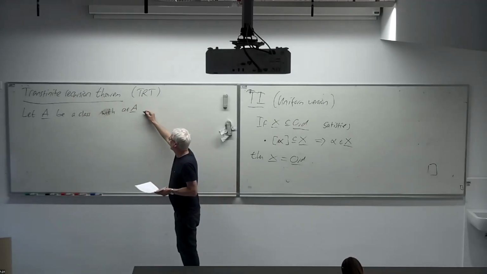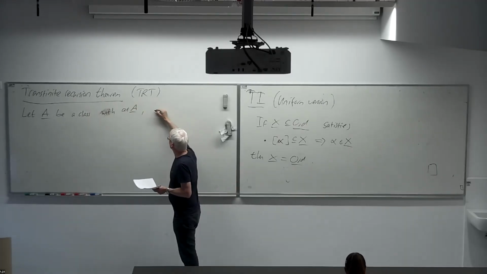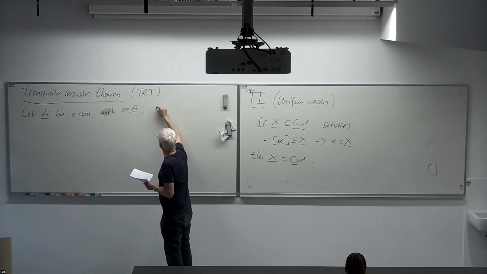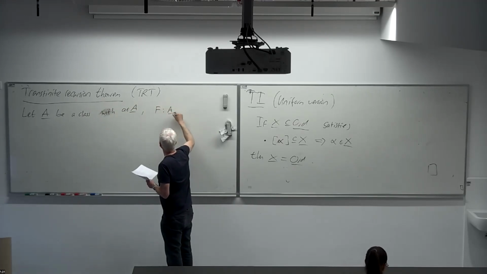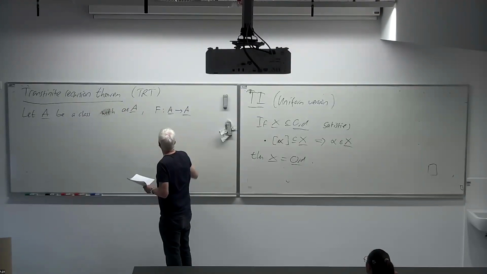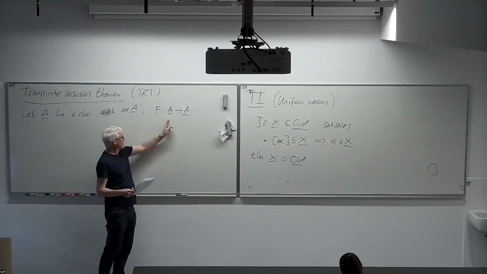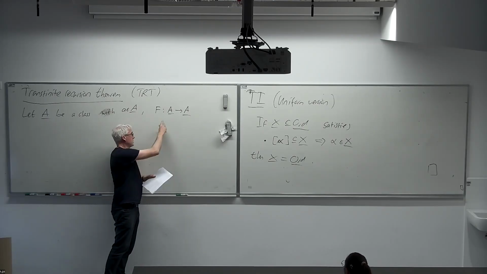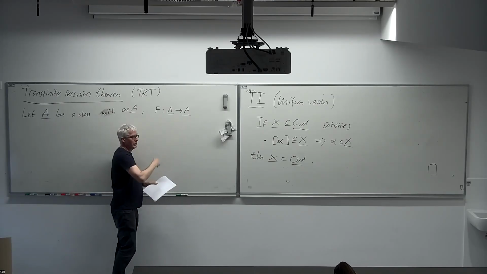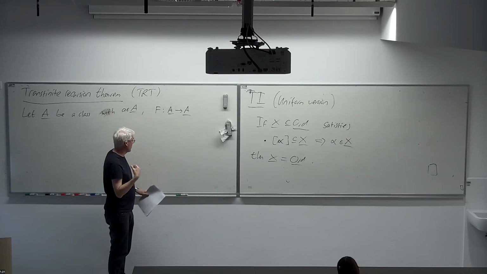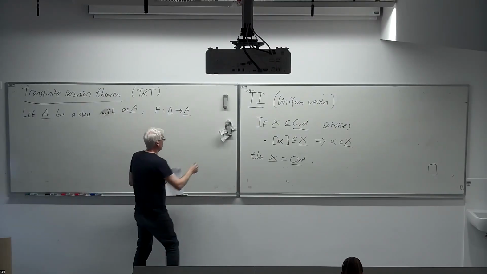We're going to give a function F from A to A, which we're going to use as the operation we apply in the successor case, to go from the case for the previous ordinal to the case for its successor.